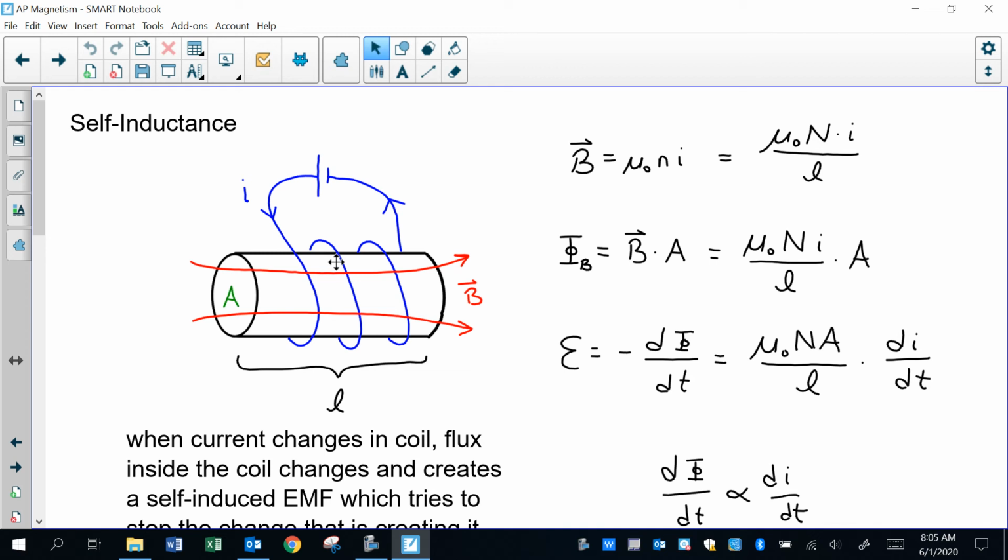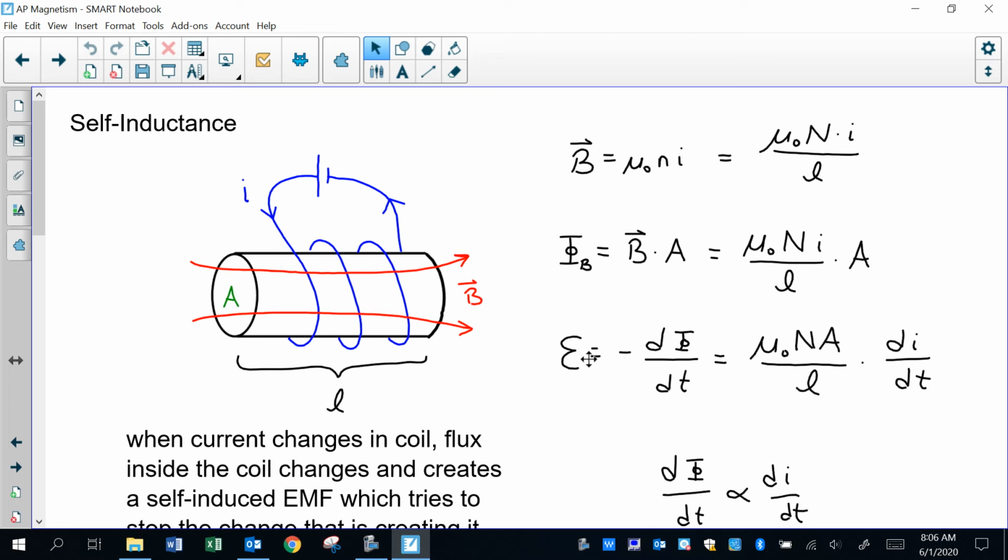Now, what we're going to look at is what happens if we start to change this blue current, because as soon as I change my current, I am going to change my red arrow for my magnetic field. And since I have a coil of wire and I have an amount of magnetic field coming through, or flux coming through, as soon as I change that flux, right here we have an equation.